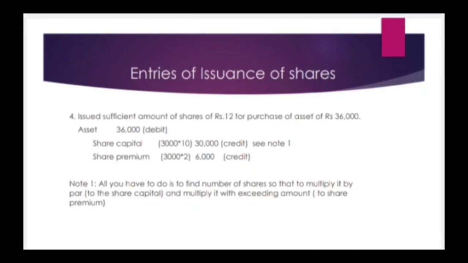So what we have to do is to divide this amount by the market value. Then we will get 3000, and we'll be able to multiply it by 10 and get the amount of share capital, and the same 3000 will be multiplied by 2 and we'll get the amount of share premium. So that's all.